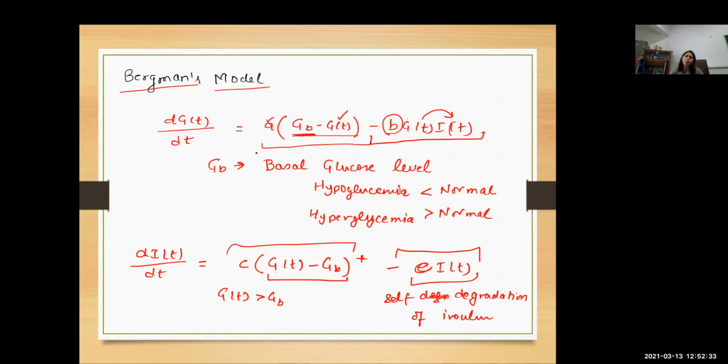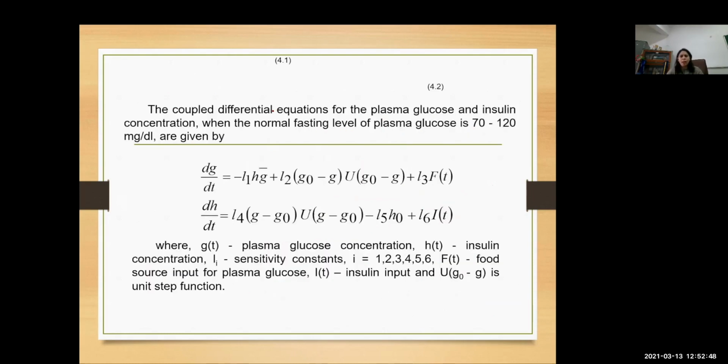This was the basic model which was given around 1920, and then this model has been redeveloped quite a few times in history, and then a more refined model has been written, a coupled differential equation for the plasma glucose and insulin concentration, when the normal fasting level of plasma glucose is 70 to 120 mg per dl.